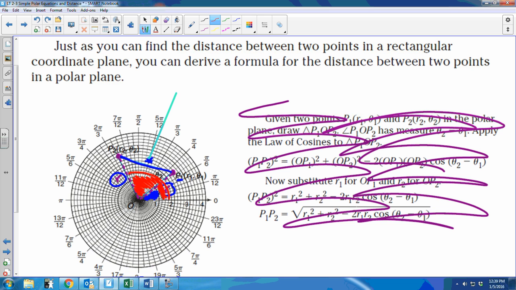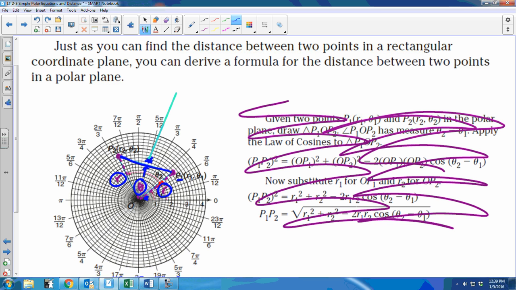So if I have the red angle and I subtract the blue angle, then I have the angle in the triangle. Okay? So because of that, I have 2 known sides and a known angle, and I'm looking for the side opposite that angle.